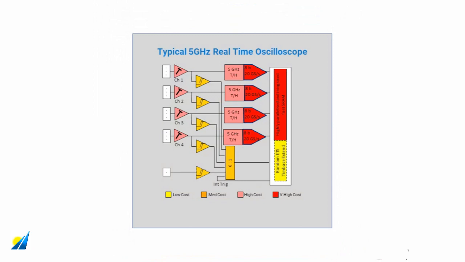If we contrast that with the block diagram of the signal path of a typical 5 gigahertz real-time oscilloscope, first of all we'd see that behind the track and hold we would now have 10 to 40 gigasample per second A to D converters, more likely to be 8-bit or 10-bit rather than 12.